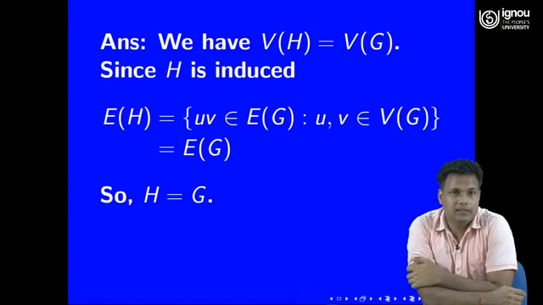And since H is an induced subgraph, it contains precisely those edges whose endpoints are adjacent in G. Since it contains all the vertices of G, EH becomes equal to EG, and therefore H is nothing but the graph itself.